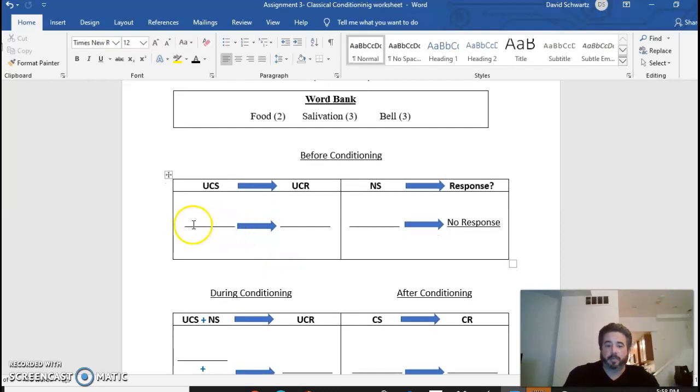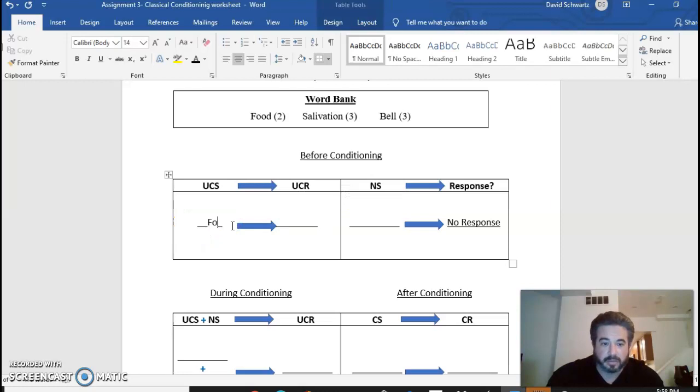Before conditioning, the unconditioned stimulus, food, produces the unconditioned response, salivation. Before conditioning, the neutral stimulus, bell, produces no response, certainly not salivation.